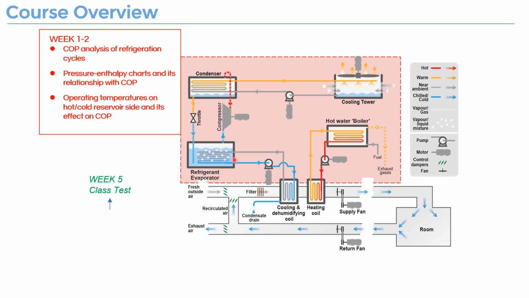So in the evaporating part, the cool refrigerant absorbs heat. You will see this red color means it's being heated up. And we want to utilize the cold water from the cooling tower to cool down the refrigerants, so it can continue in this cycle again. So for week 1 and week 2, we are on refrigeration cycles. That means we need to know pressure-enthalpy charts, and also the COP concept.